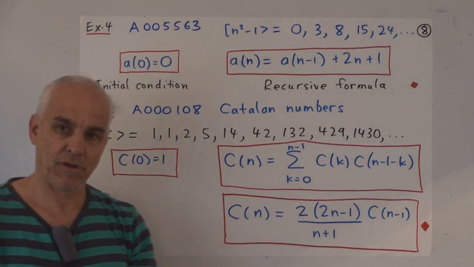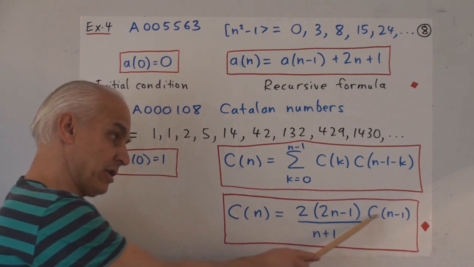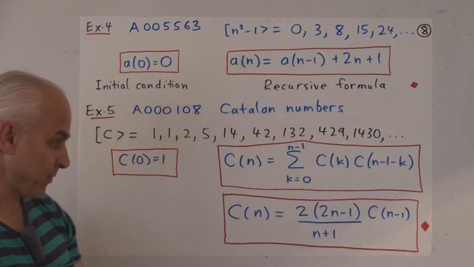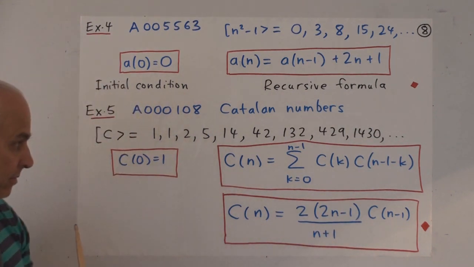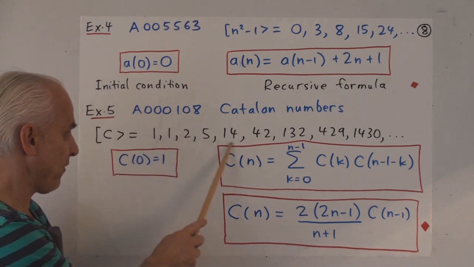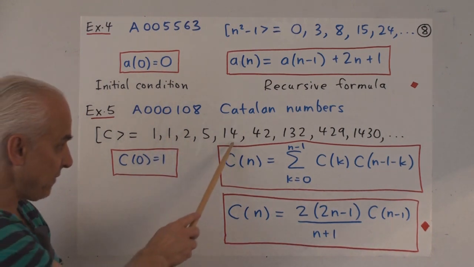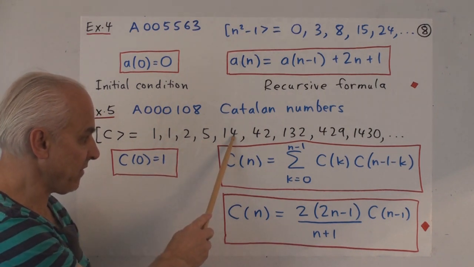Quite a different recursive formula is that Cn is actually just a multiple of Cn minus 1. It's 2 times 2n minus 1 all over n plus 1. So again, 14, which is 0, 1, 2, 3, 4, it's the fourth one. So C4, according to this formula, should be C3, which is 5.